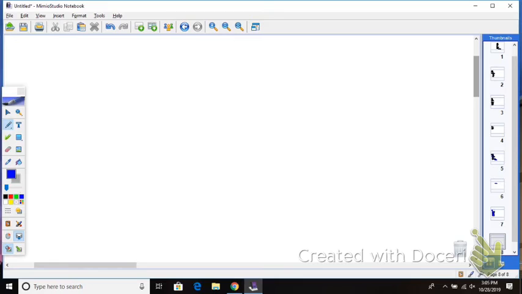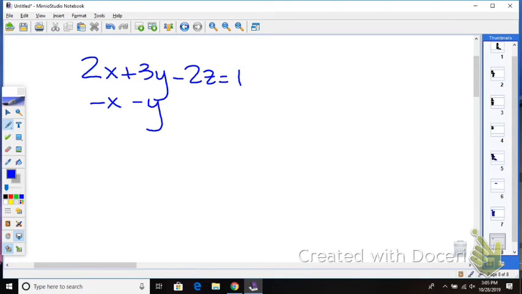Okay, so you guys do this problem here. 2x plus 3y minus 2z equals 1. Actually, don't go ahead of me. We're all going to decide what variable to get rid of. -x minus y plus 2z equals 5.